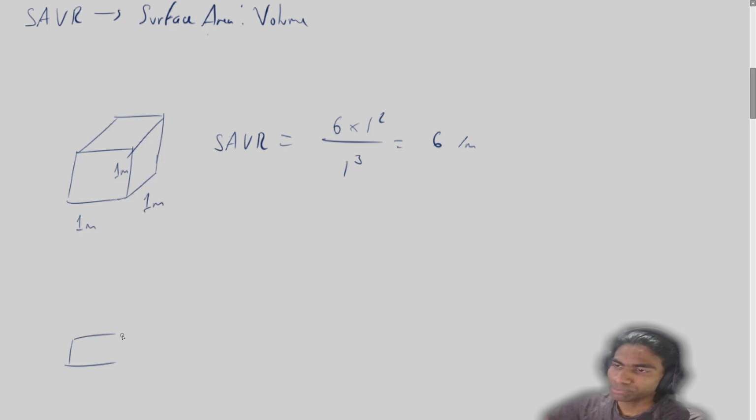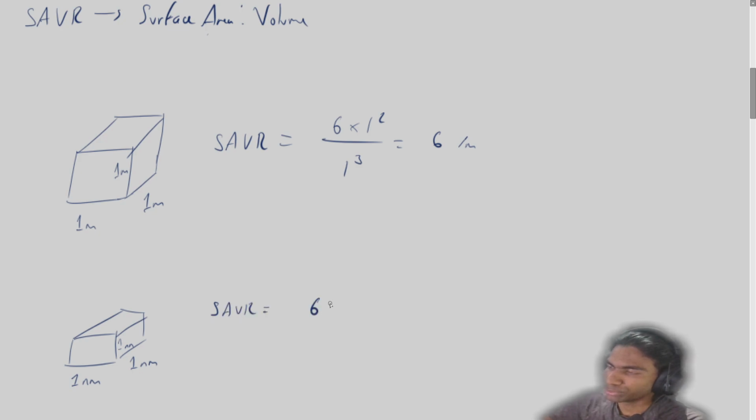Now, if we take the same cube, but we just make it smaller, so we scale it down, what you can see would happen is, now we can have this 1 nanometer here, 1 nanometer here, 1 nanometer here, and we're going to get the same exact calculation.